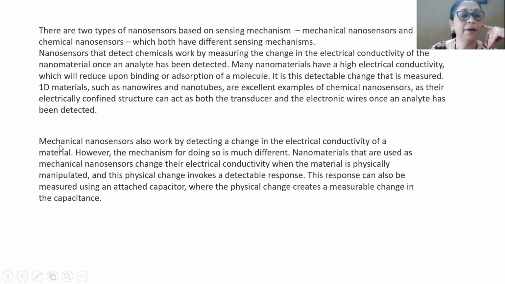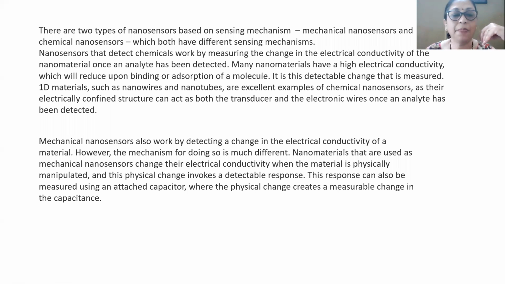Now going to the second type, mechanical nanosensors. They work by detecting change in, again, electrical conductivity of the material, but here the mechanism is different. There is a change in electrical conductivity when the material is physically manipulated.